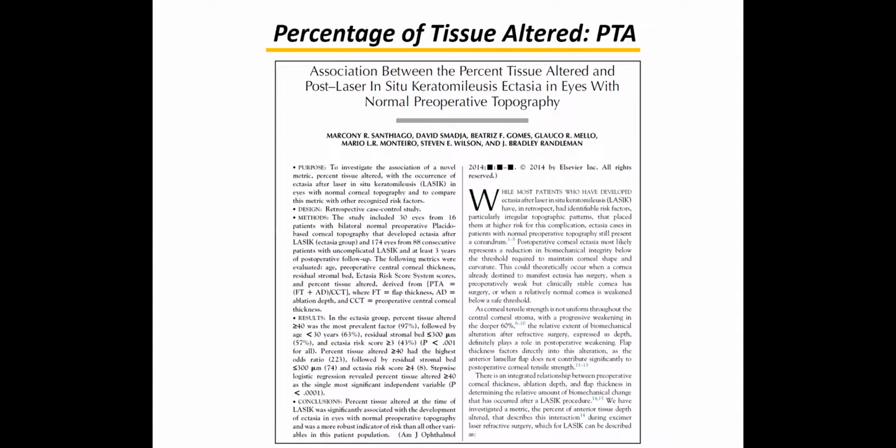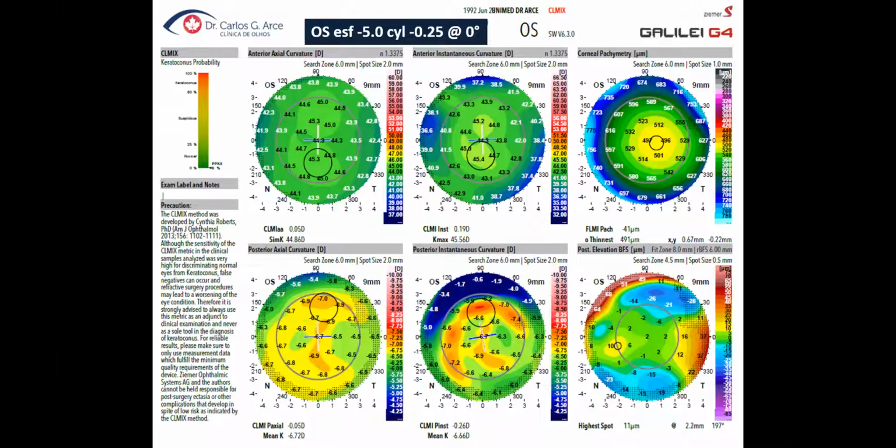The PTA comes from Marconi and also with the collaboration of David, and is a great index in telling us the risk of ectasia postoperatively. I'm going to talk very little because I know Marconi will talk about this later in different sessions, different webinars. So let's show this example.